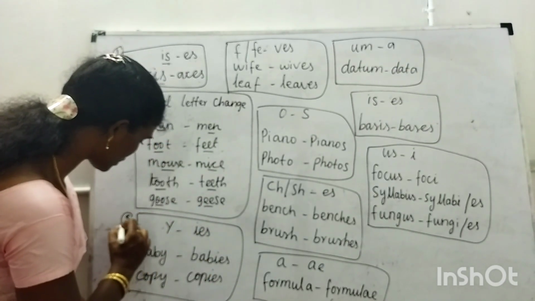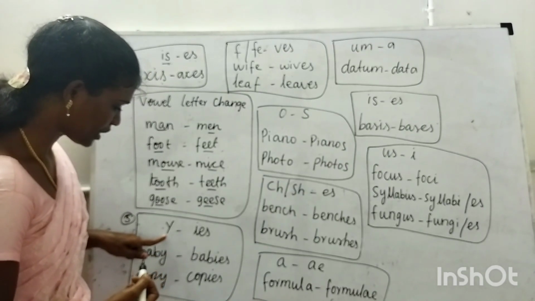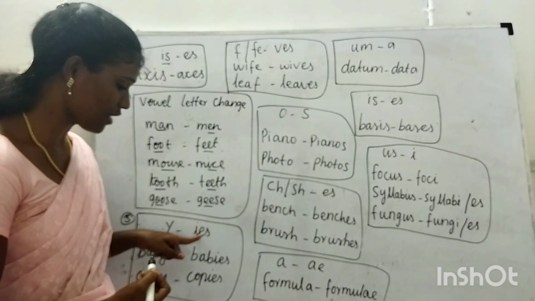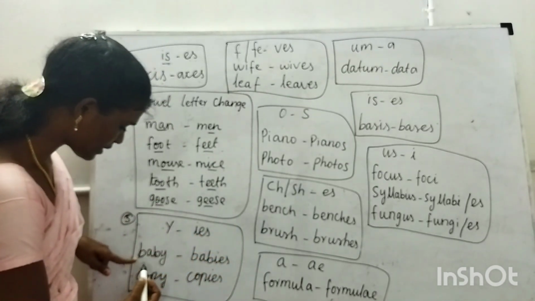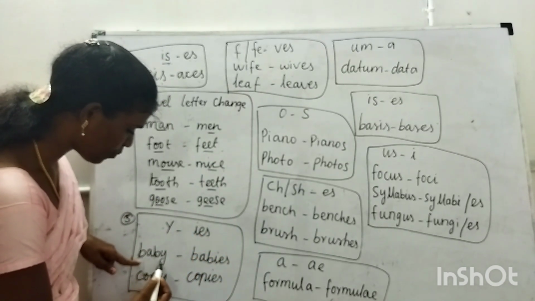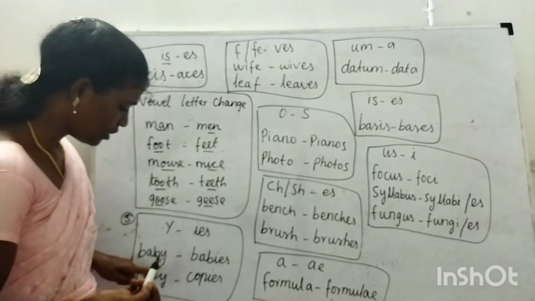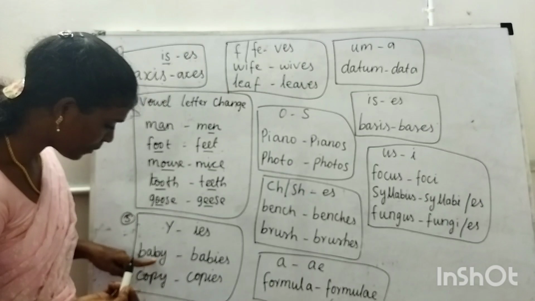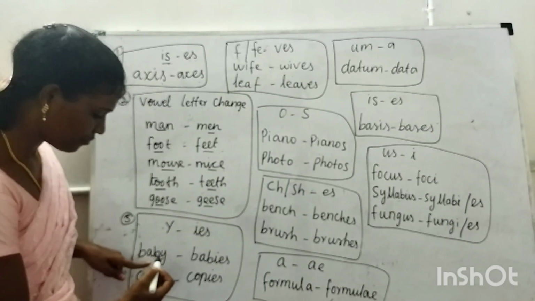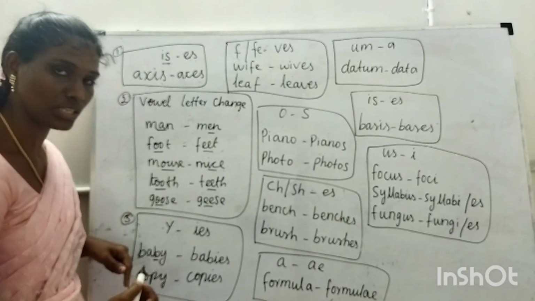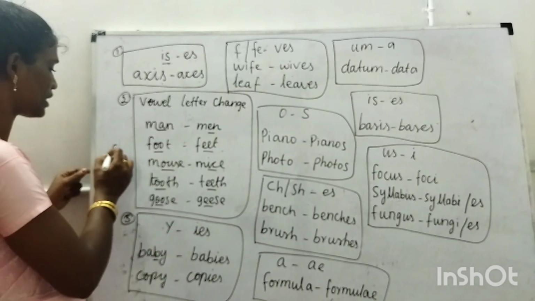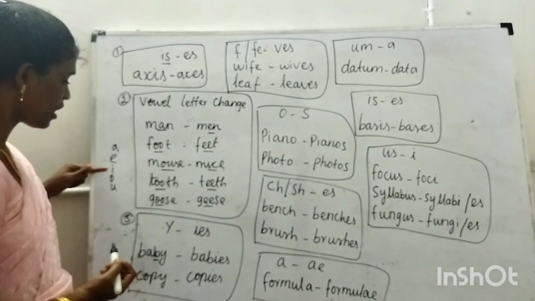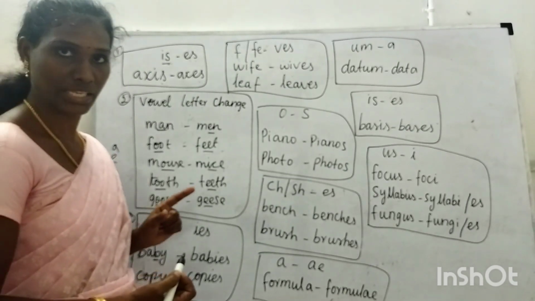And third one, if the word finishes with y, the plural form is ies. See the example, B-A-B-Y, baby. The word finishes with y, and if you see the previous letter, this is a consonant letter. Vowel letters are A-E-I-O-U.